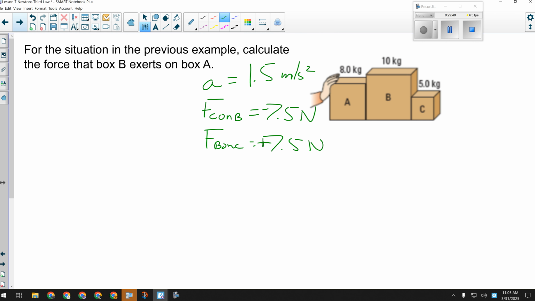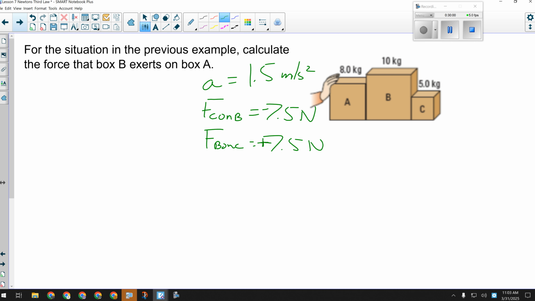Okay, so now, using that, calculate the force that B exerts on A. The first thing you'll have to do is figure out which box you're going to have to use to do this. It may not be the one you think.